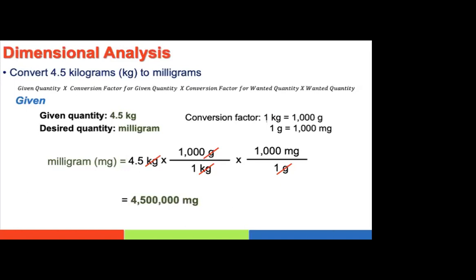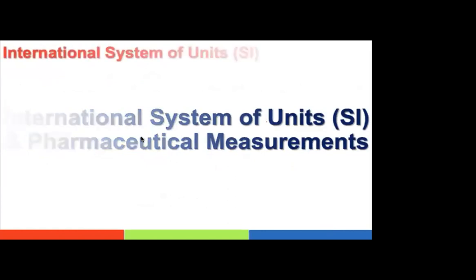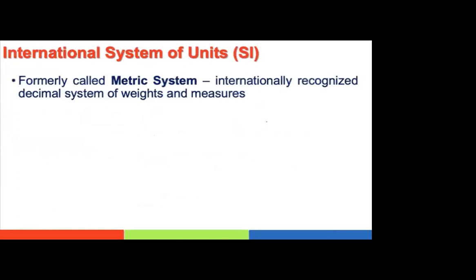Okay, another foundation in Pharmcal is the International System of Units and Pharmaceutical Measurements. Okay, so yung SI unit, it was formerly known as metric system. Pag international system of unit, ibig sabihin international recognized siya.